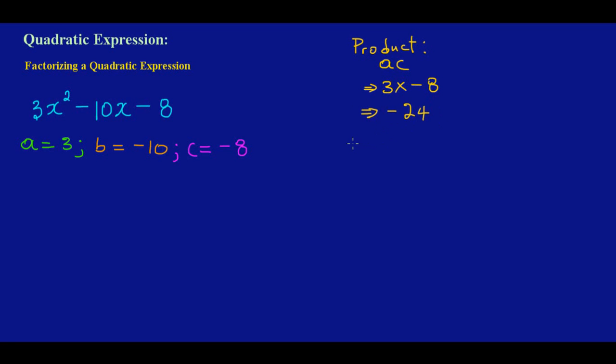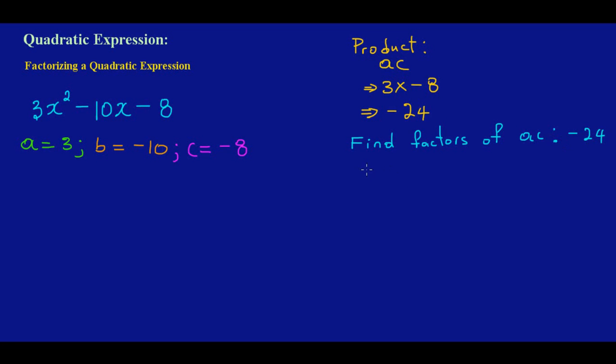Now I need to find the factors of AC. After I've found the product, I'm going to find the factors of the product AC, which is, as we have said, negative 24.